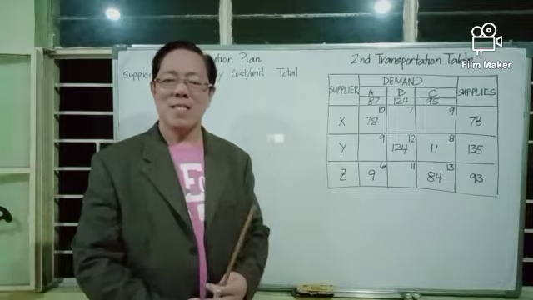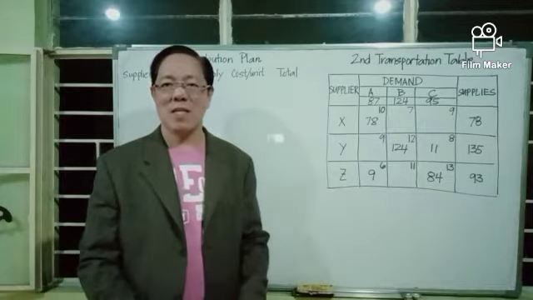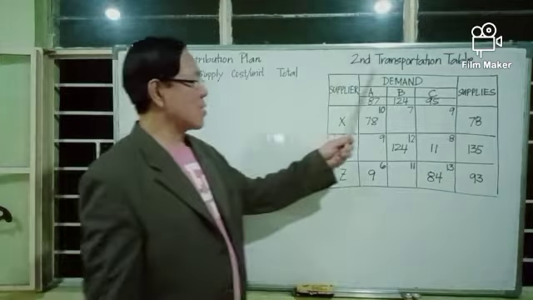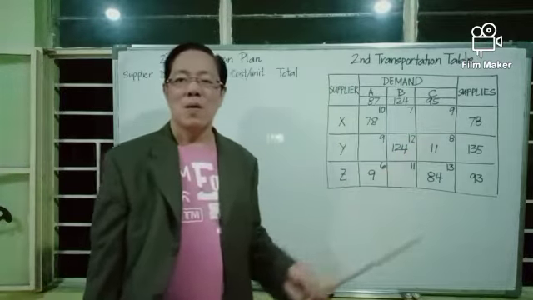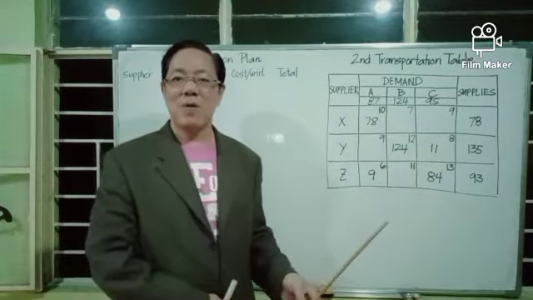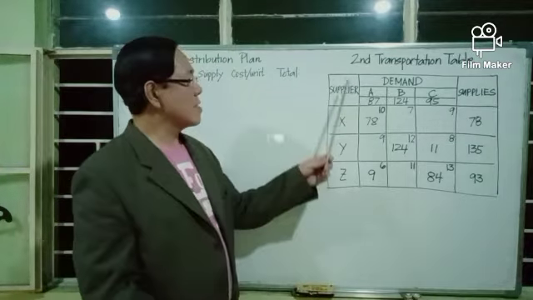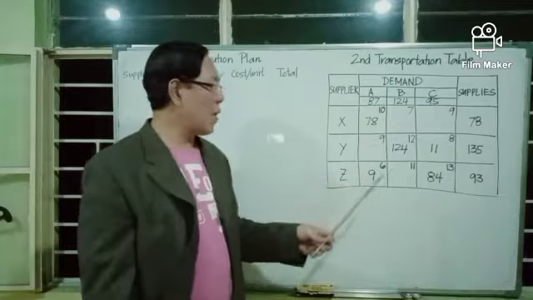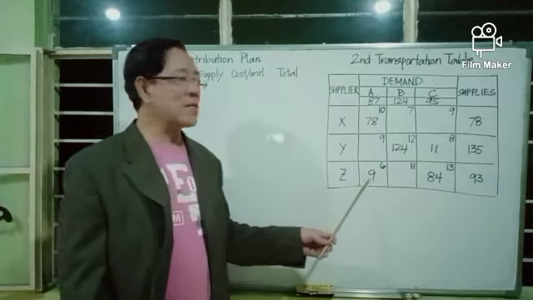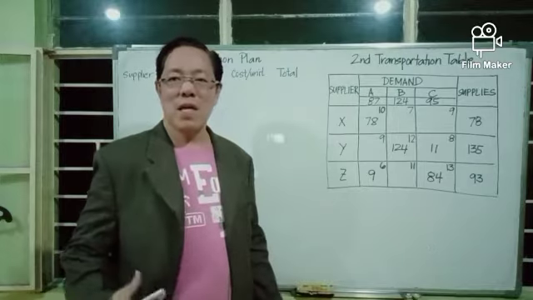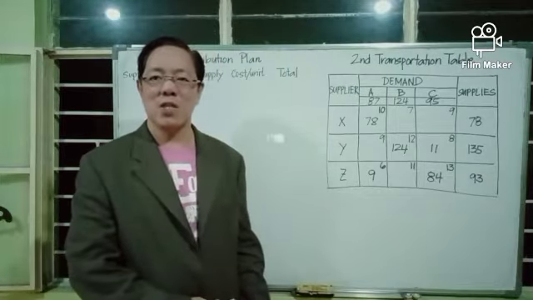We now develop the second distribution plan corresponding to our second transportation table that we developed from the initial transportation table. In the second transportation table, we now have 9 units in the vacant cell CA. Now we will check if we would get a lower transportation cost.